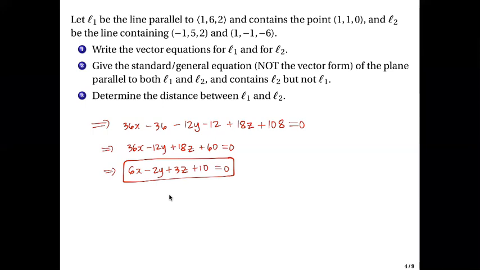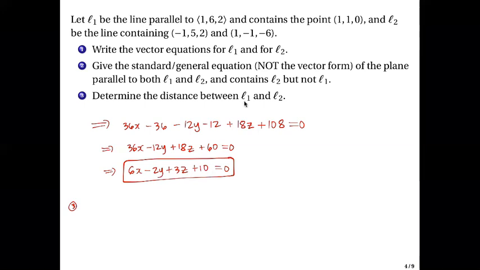Questions? For the third problem here, we want to determine the distance between L1 and L2. So this plane here contains L2. So if we want to get the distance of this L2 from L1, all we need to do is find the distance between this plane and this line.